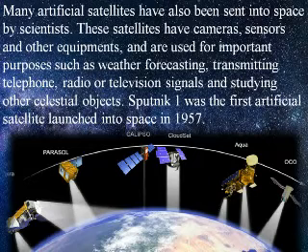These artificial satellites have cameras, sensors and equipment and are used for important purposes like weather forecasting and transmitting telephone, radio or television signals. The first artificial satellite was called Sputnik 1 and it was launched into space in 1957.